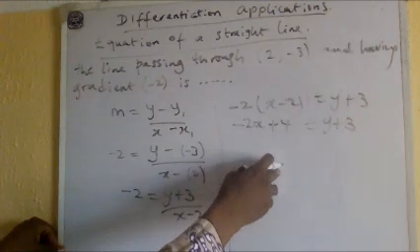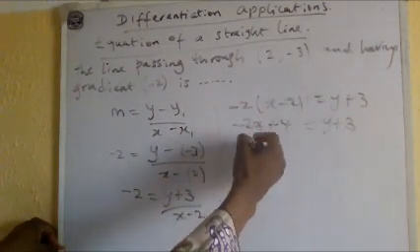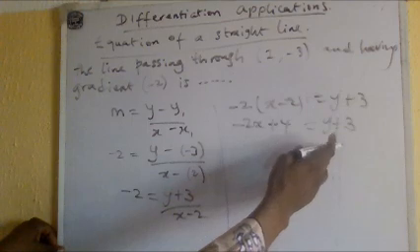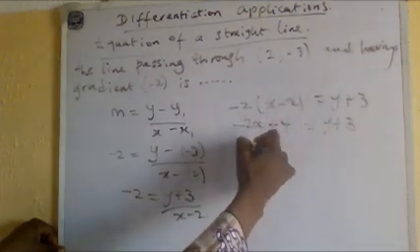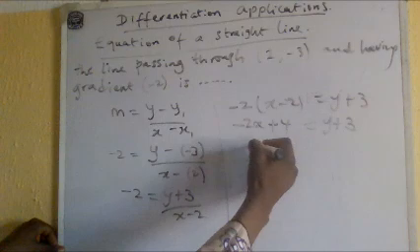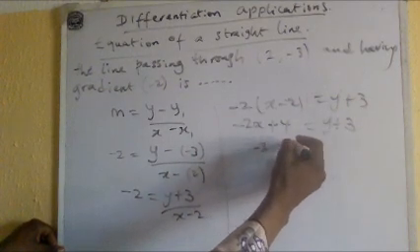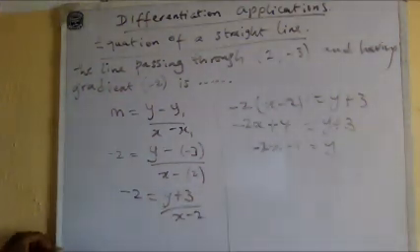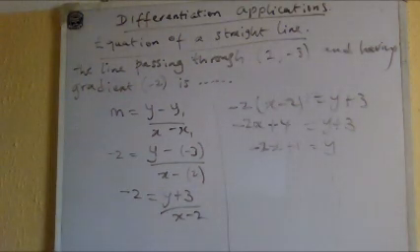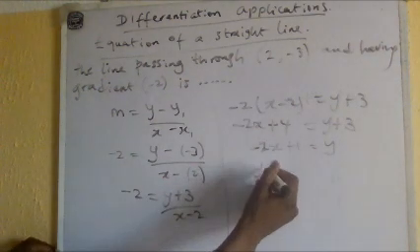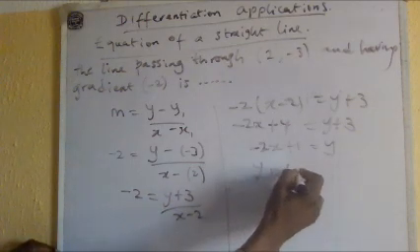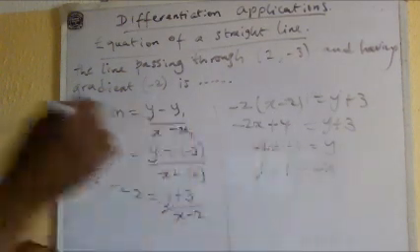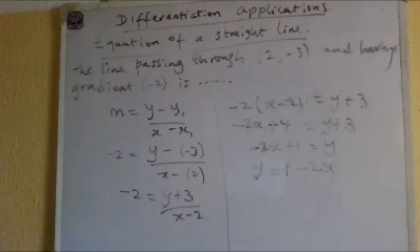So at this point, 3 goes to join this one, -2x plus 1 is equals to y. So this is the equation of that line. Or I can say y is equals to 1 minus 2x. Any one, how you want to put it.